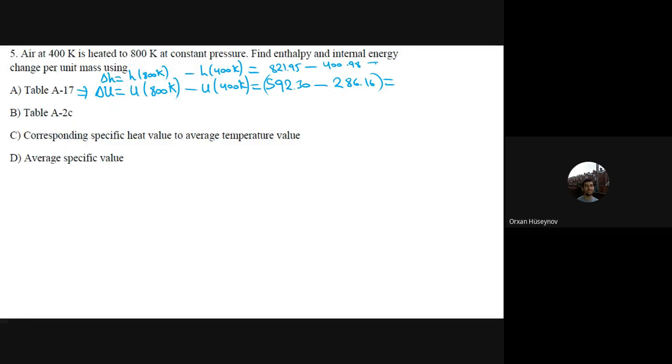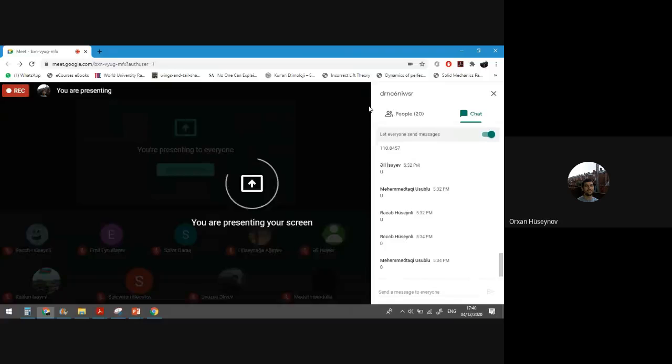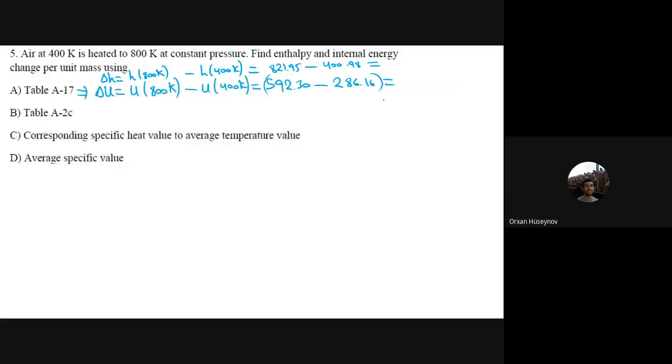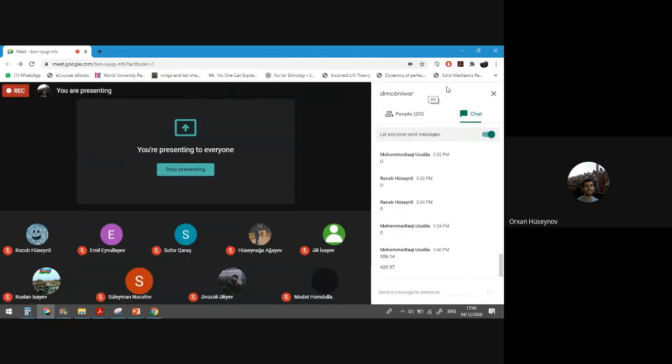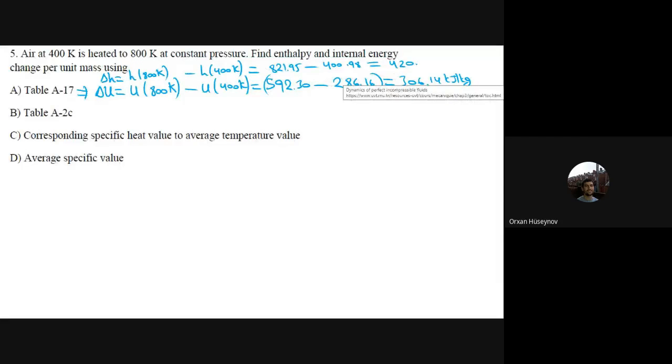So you can tell me the values of this. For the first one, 306.14 kilojoules per kilogram. This is for internal energy change. Second one, 402.97 kilojoules per kilogram. This is for the enthalpy change.